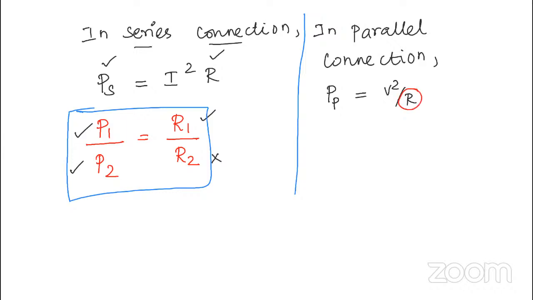Now when we write P1 by P2, what ratio will we get, either R1 by R2 or R2 by R1? Which is the right one?